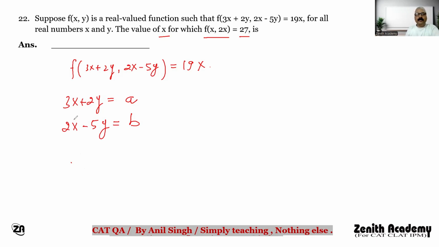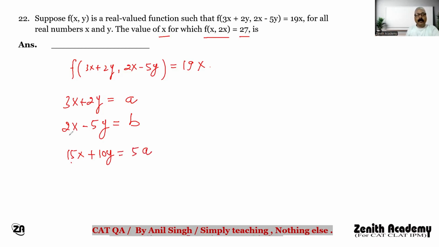The result is 19x, so y is not present here, so we must try to eliminate y. Multiply the first by 5, then 15x plus 10y is equal to 5a.